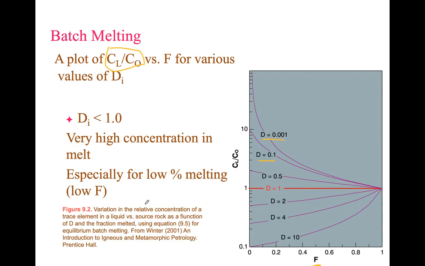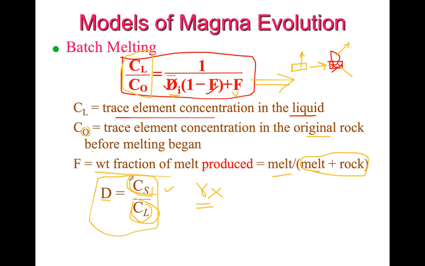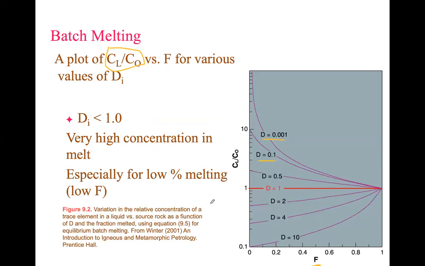If D equals 1, that means both are equal. The solid means the original source, always. If the concentrations are equal, the ratio should be just 1, isn't it? That is not a natural situation anyway.